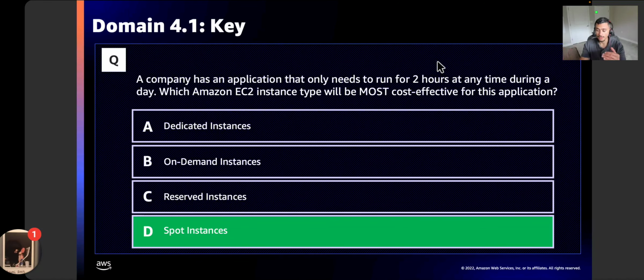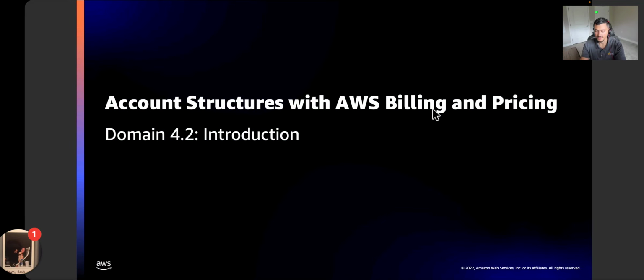But you can see in the question that we only need to run for 2 hours during a day, and this can be any time during the day, right? It doesn't matter if we stop and then come back on and run, right? It just needs to run for 2 hours during the day, right? And that's why spot instances would be the most cost-effective option in that case, right?